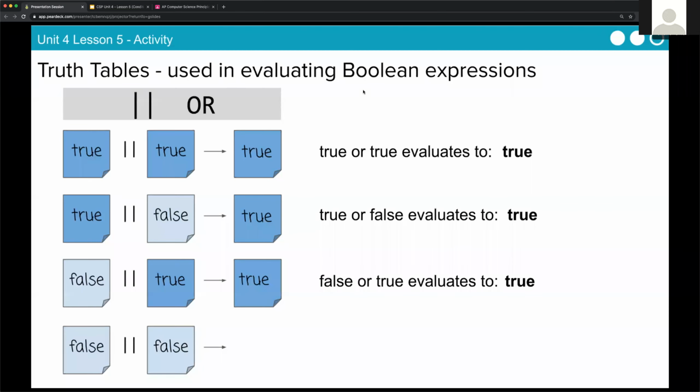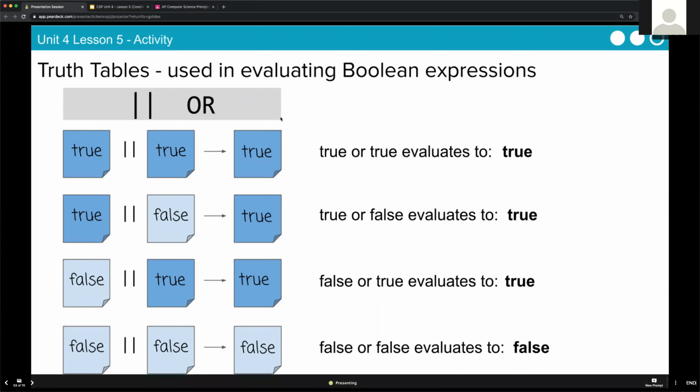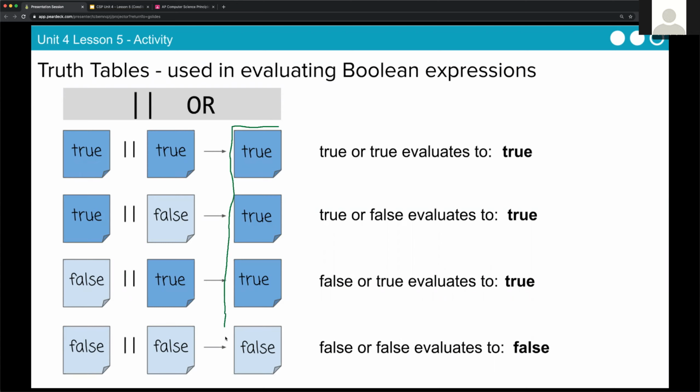False or false is going to be false. What pattern do you see here? Pay attention to this side in relation to the rest.